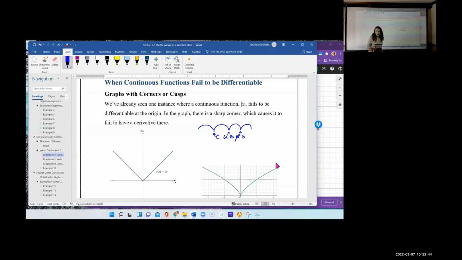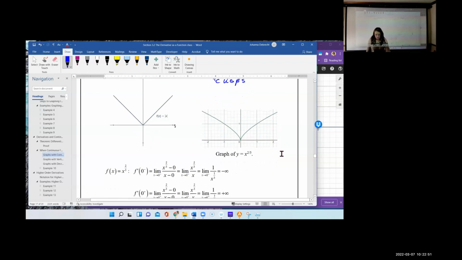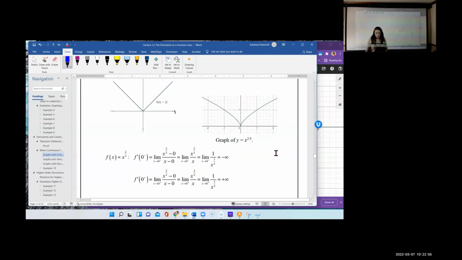All right. So basically, derivatives exist except at corners, cusps, and vertical tangent lines. That's where it won't exist, all right? And these are the graphs of the absolute value of x and x to the 2/3.